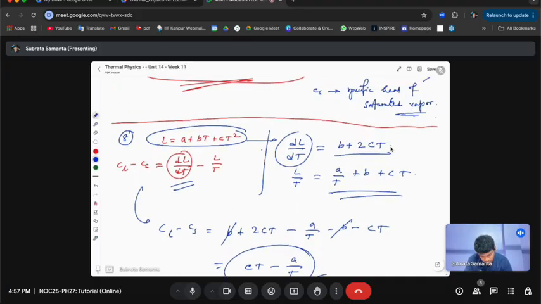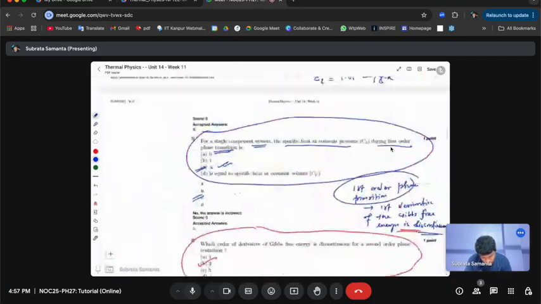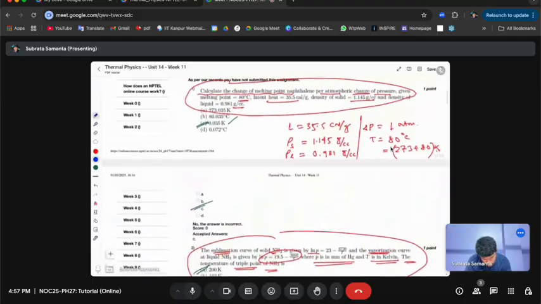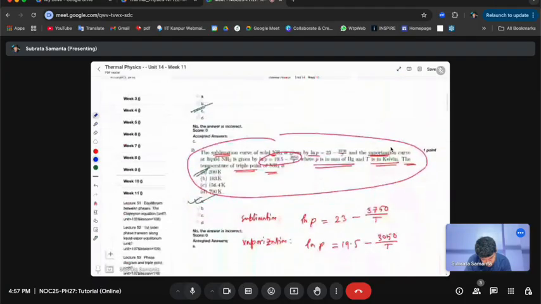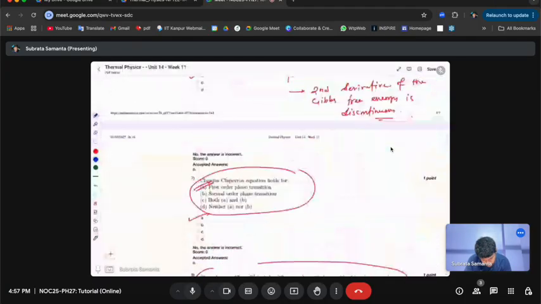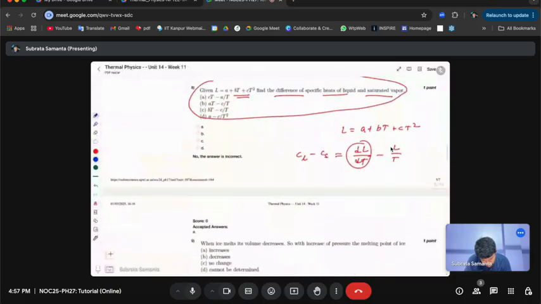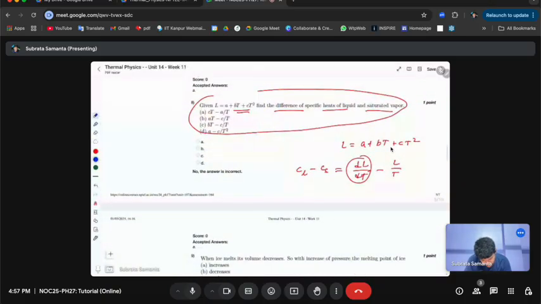So let's check the options: CT minus A over T, so option A is correct. Any question?